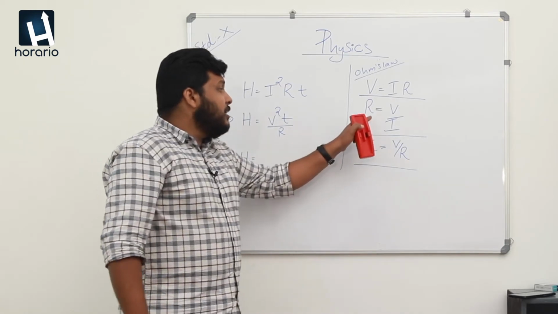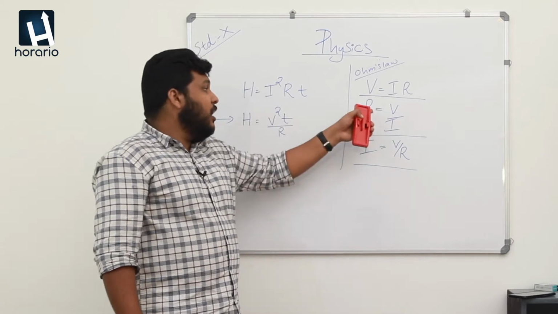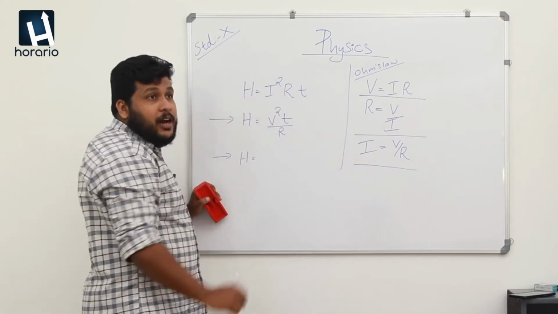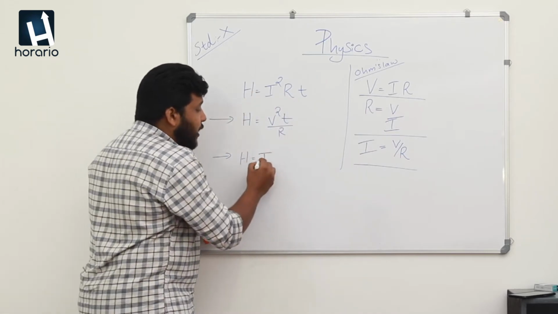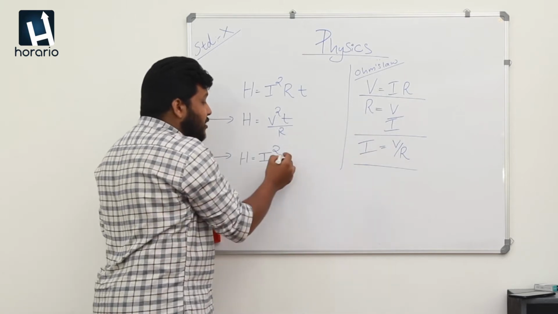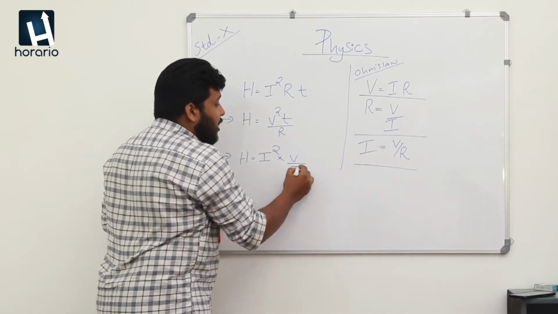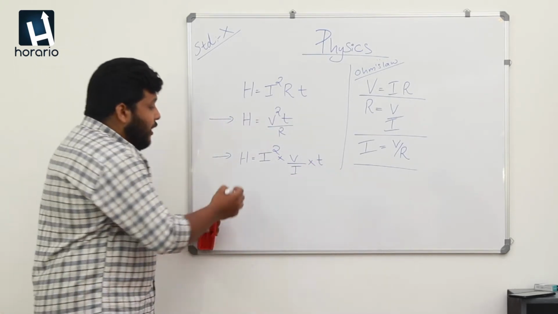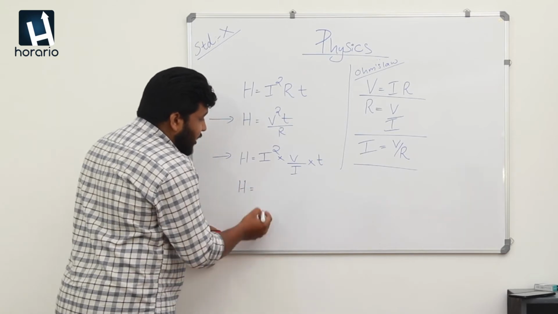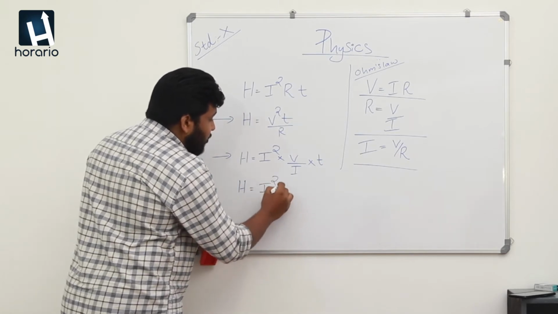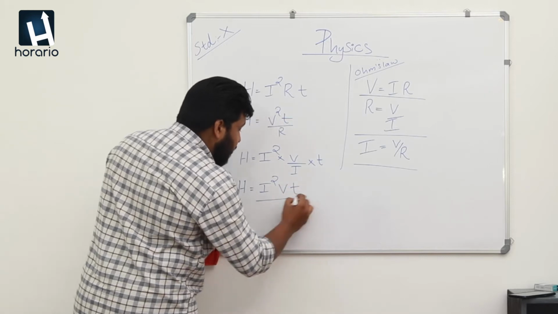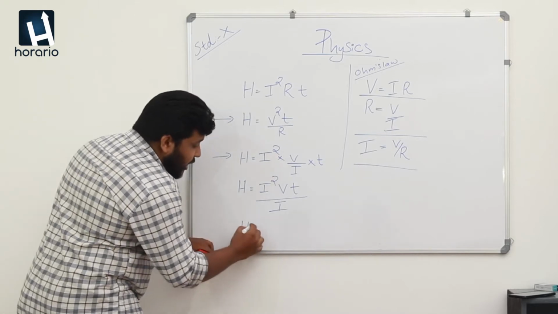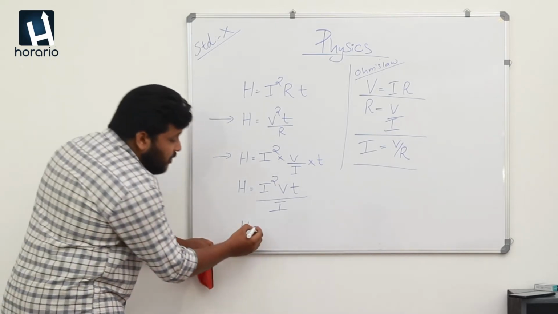I can write a relation R is equal to V by I. We can also substitute this equation, V by I, for R. So the equation will be I square, R is written as V by I, into T. When we simplify, this equation will be I square V into T divided by I. Like the earlier portion, we can cancel one I from the numerator and the denominator.